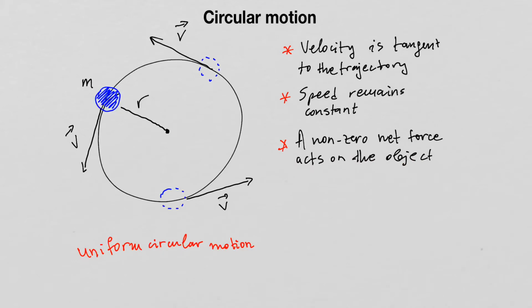This force is called centripetal force. And the reason it is called centripetal force is because it is directed towards the center of this circle. And so at all moments of time during the rotation of this object, the centripetal force points towards the center of this circle, and we are going to label the centripetal force with F sub c.